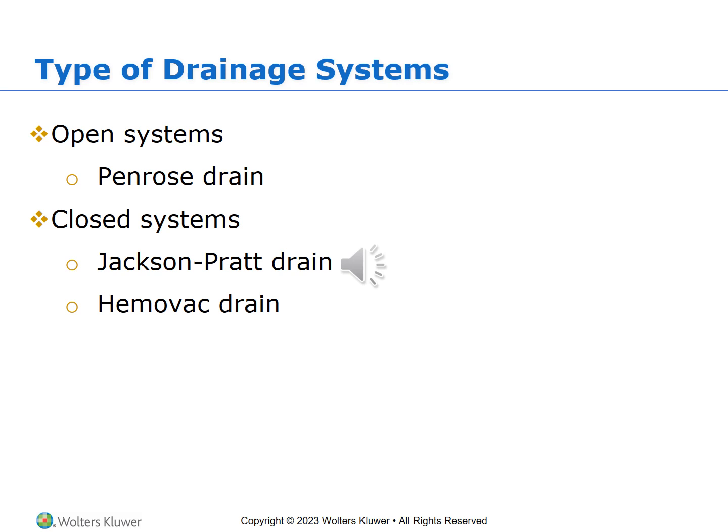Types of drainage system. Our open system is a Penrose drain, and it is soft and flexible. This drain does not have a collection device. Instead, an absorptive dressing is used to collect the secretions. So it promotes drainage passively by allowing the drainage to move from an area of greater pressure in the wound or surgical site to an area of less pressure, the dressing.